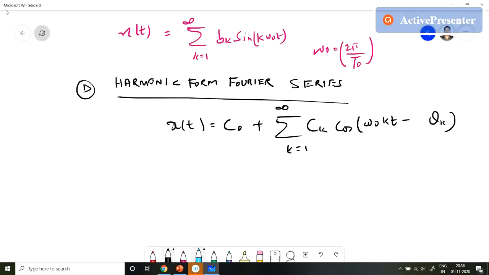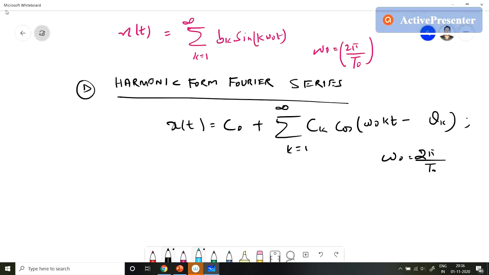This is the harmonic representation of the Fourier series, where omega naught is equal to 2 pi divided by T naught.